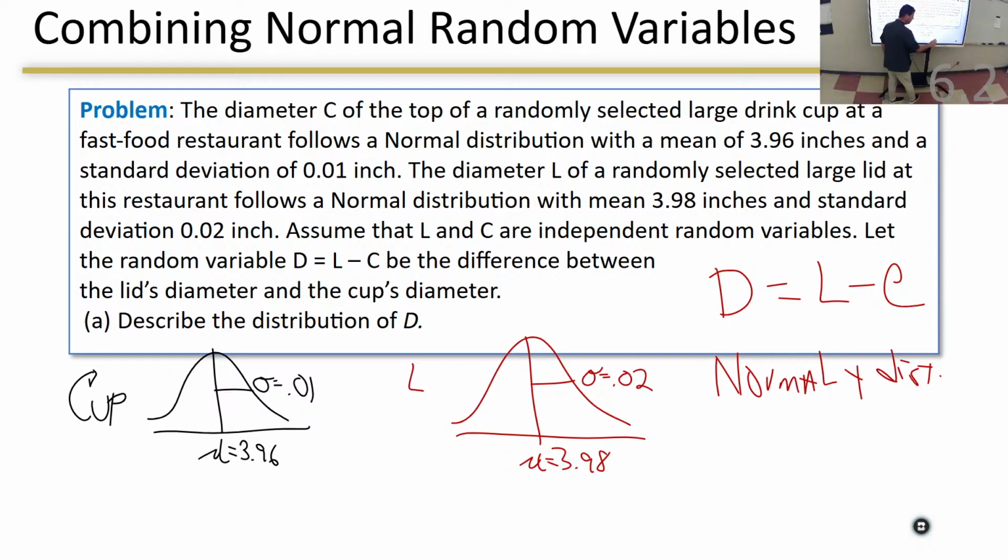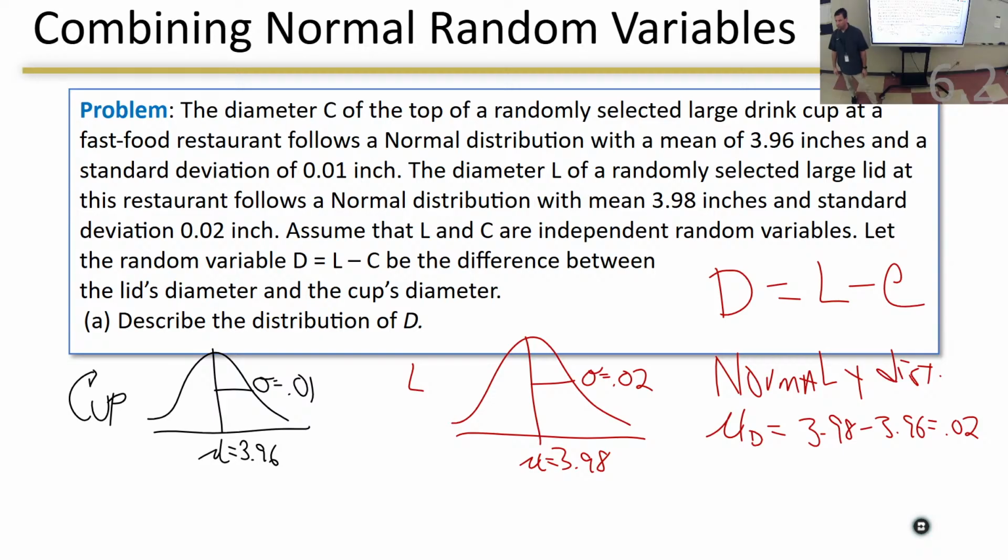With the center at 3.98 minus 3.96. I'll go ahead and show that. 3.98 minus 3.96, that's 0.02.